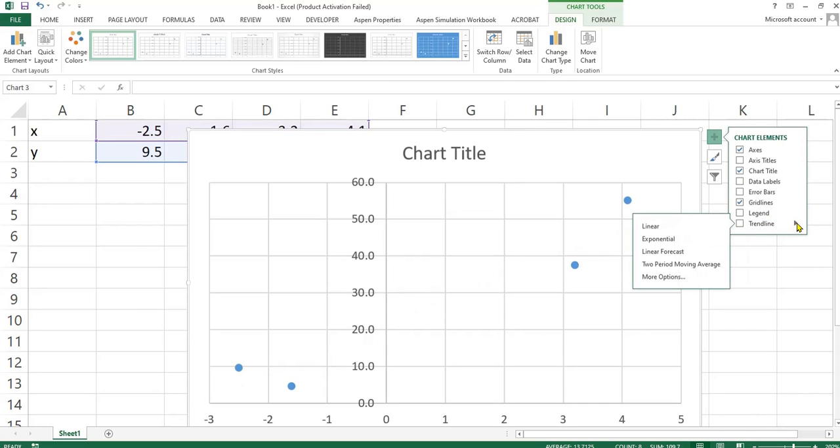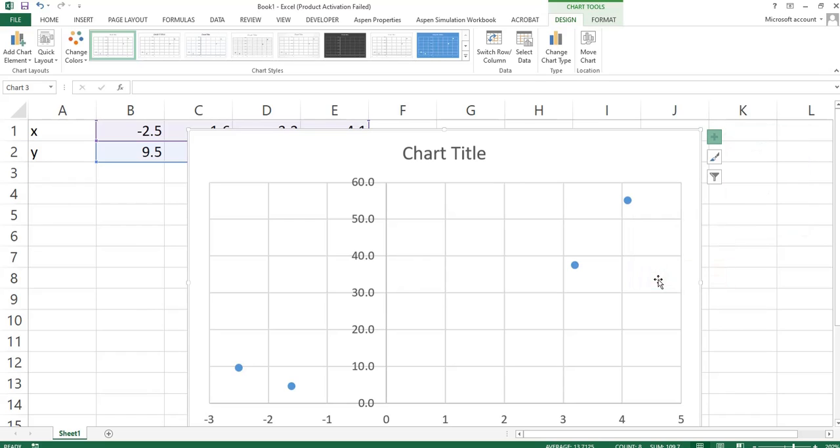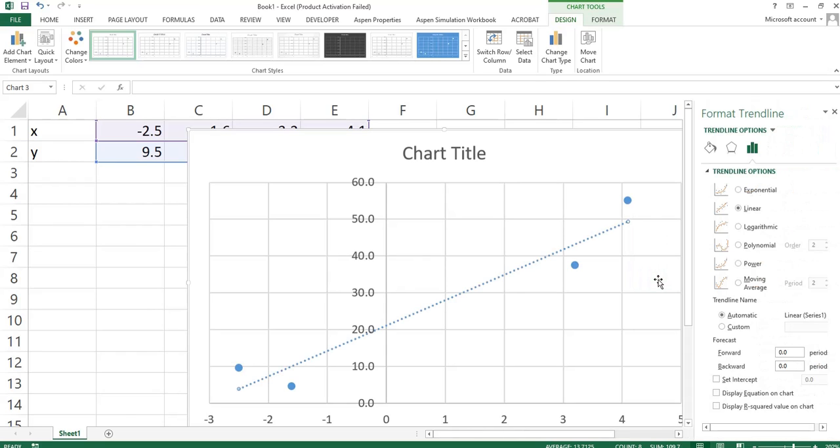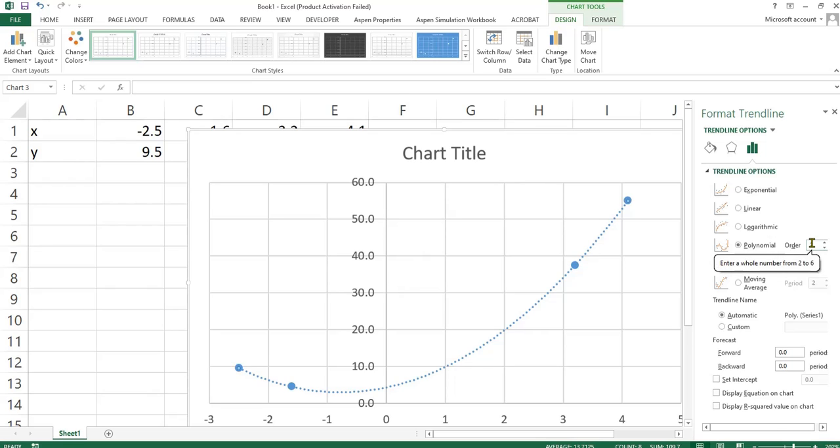We select this, say more. We go down to polynomial of order 2. Order 2 means quadratic. If it is order 3, it's a cubic equation. So this is order 2, so it's a quadratic equation.